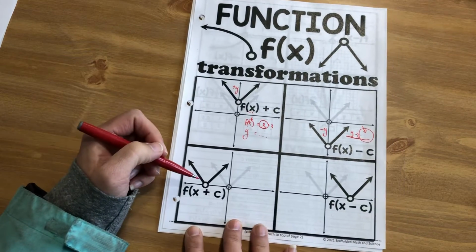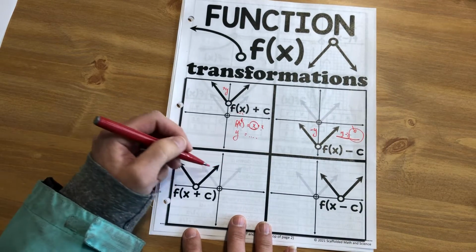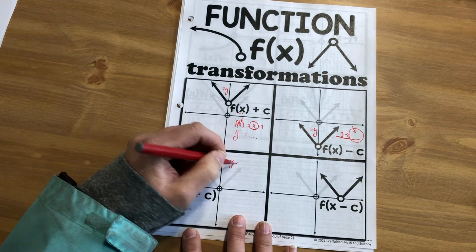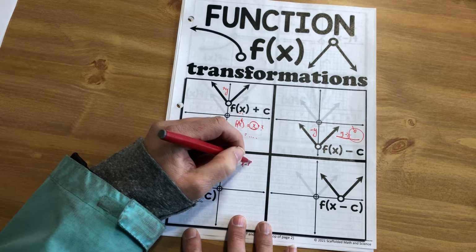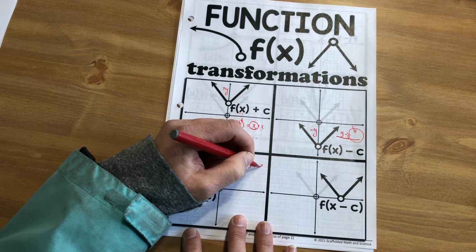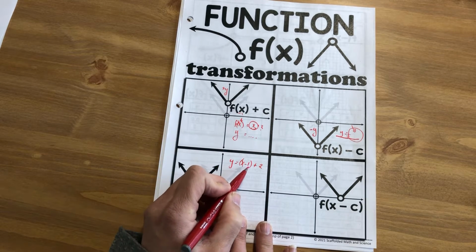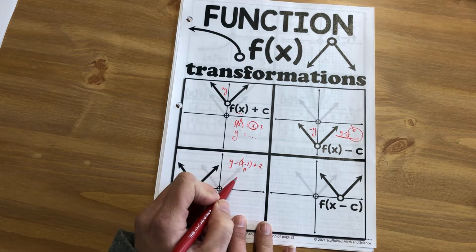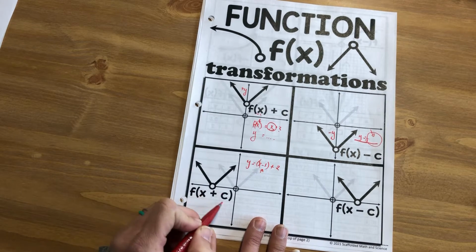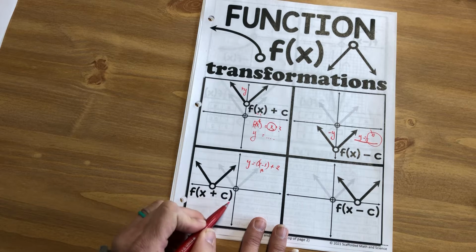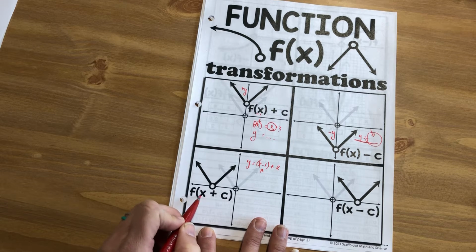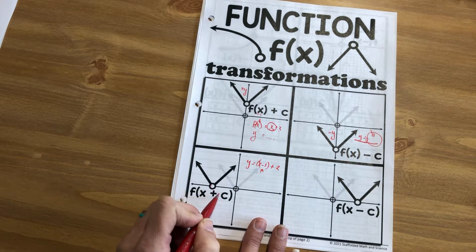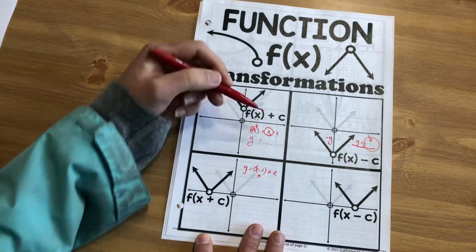Okay, so just as when we were dealing with a linear equation, if we have something like this, it tells us that we are actually moving our x value. So when we are adding the constant or adding a value to the x value, we are moving the x value. So there's a difference.